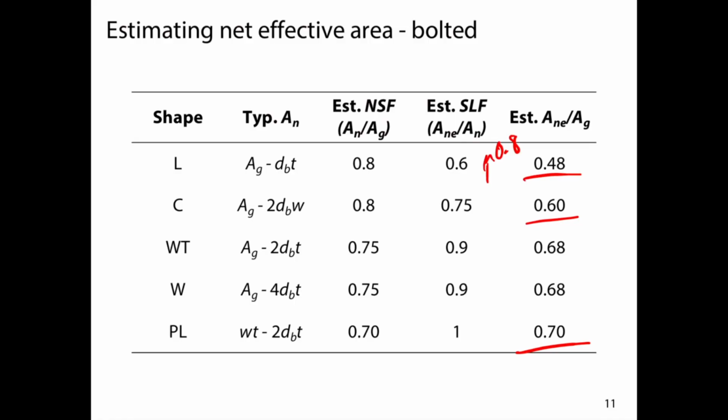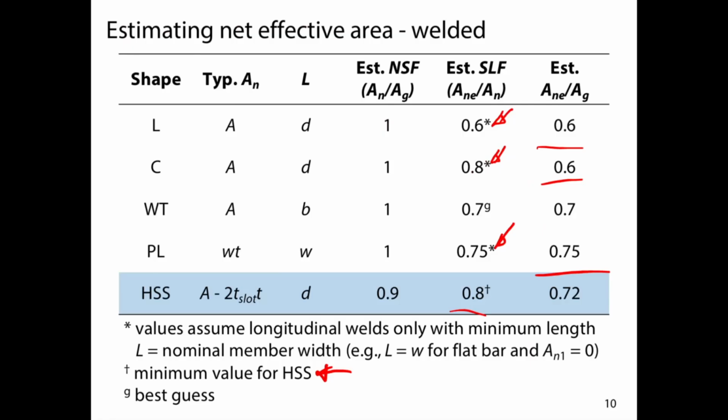That gives us 0.6. Whereas if we're welding it, we have 1 and that should be 0.8. So our channel might be a little bit heavier if we go with a bolted connection, because we get 0.6 versus 0.8 for our channel based on this calculation.